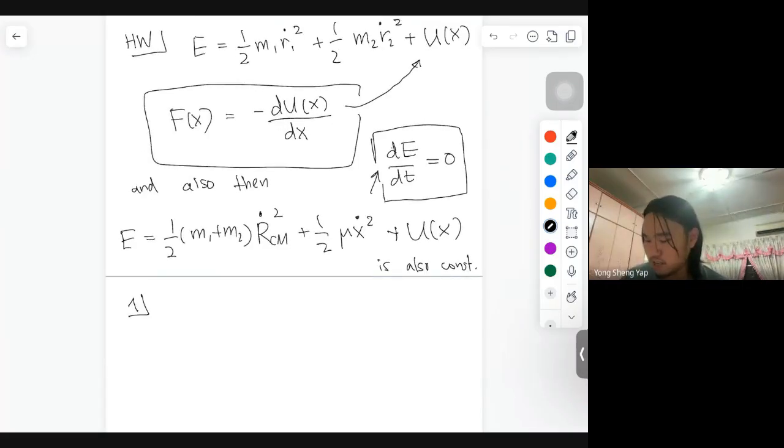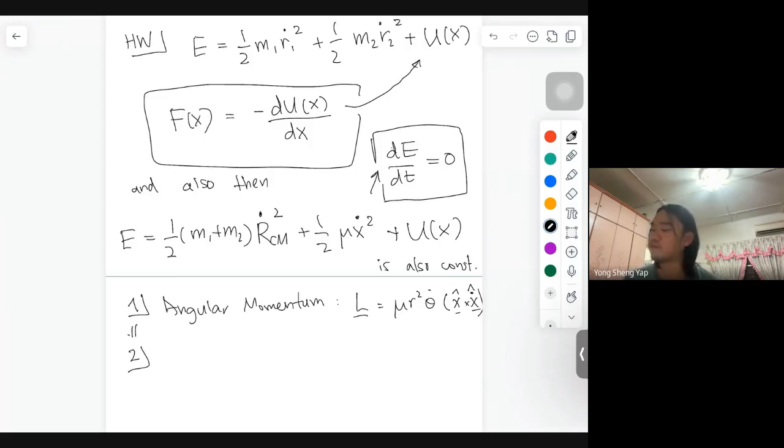Okay, the first thing is angular momentum. Just a recap. The angular momentum L equals mu r squared theta dot, in the direction perpendicular to the position and the velocity, is always conserved. The second thing that's always conserved is the rate of area change.